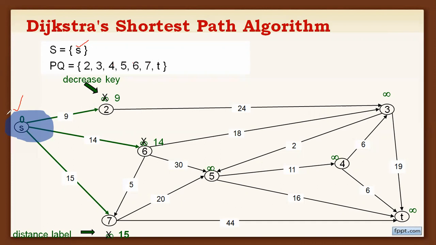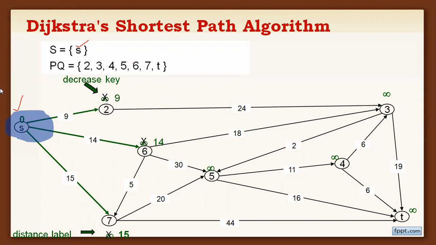Now, find the distance from the source vertex to all the remaining vertices, and find the minimum distance among those. Now we can calculate the distance from source vertex S to vertex 2. There is a direct path from source vertex S to vertex 2 with a cost of 9.